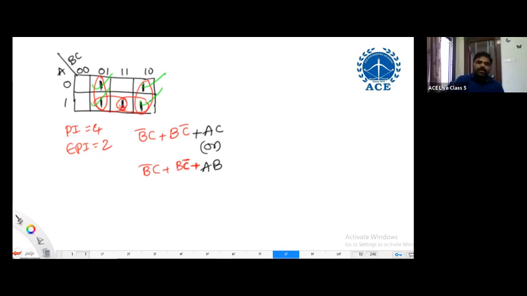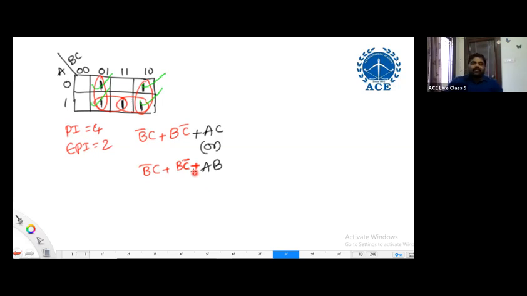To cover this one minterm, I'm choosing non-essentials. While choosing non-essentials, again here we have one possibility, and we have a second possibility. In these two possibilities, which one has minimum complexity? Both have the same complexity because the extra term will be either AC or AB. Even though you include AC, even though you include AB, both have the same complexity.